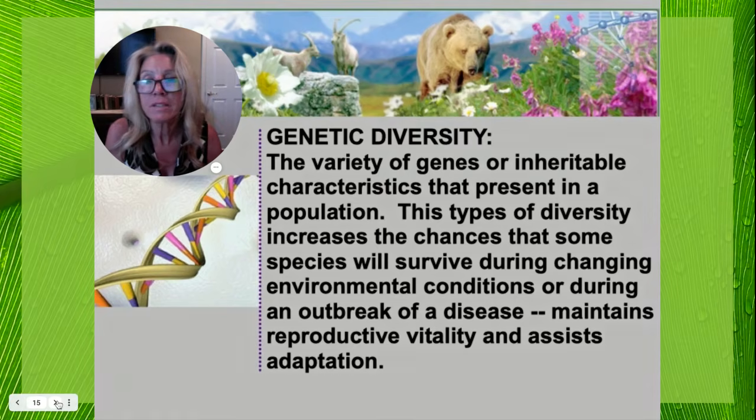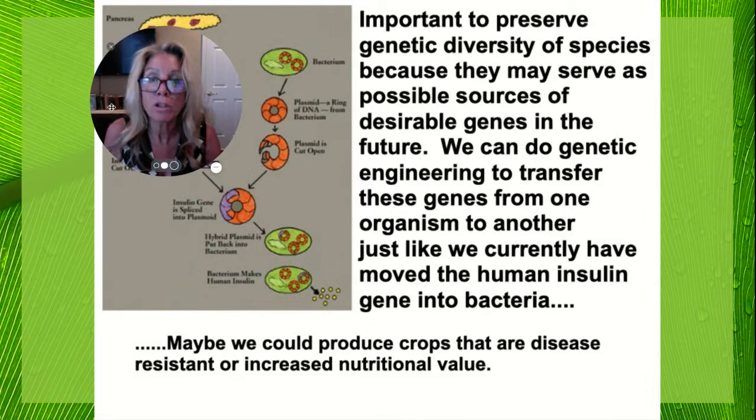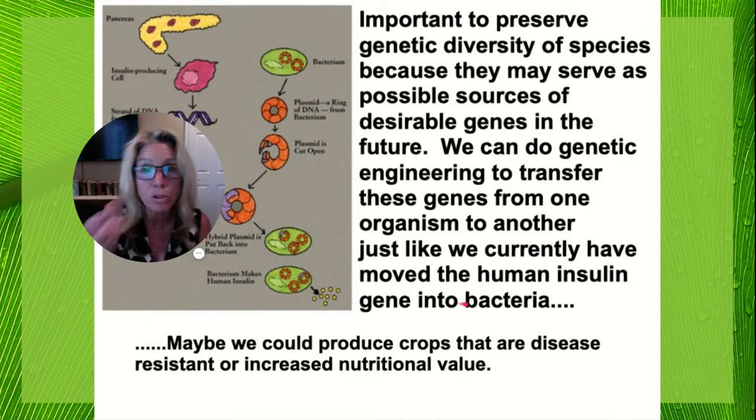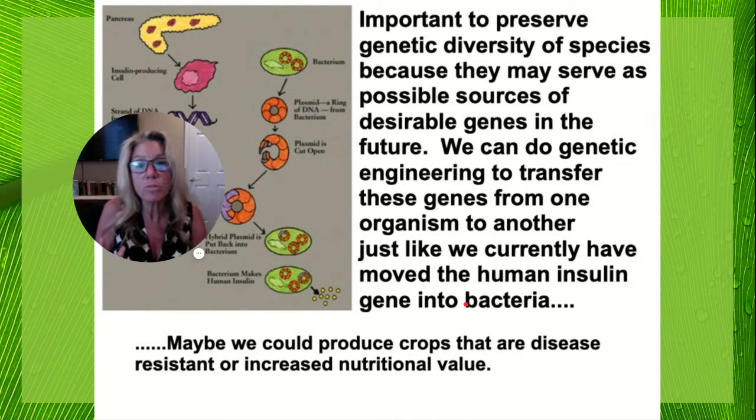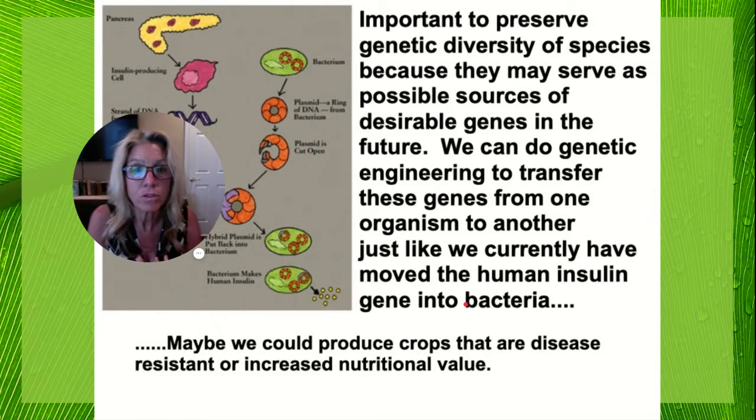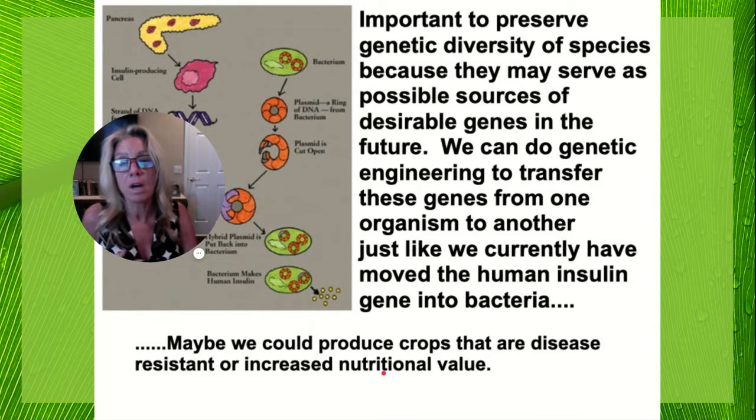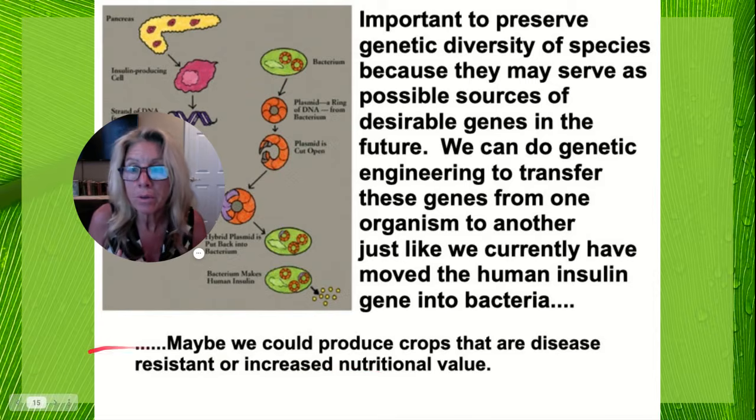And also it's important to preserve that biodiversity because that's a source of DNA. We could do some genetic engineering and transfer those genes, just like we did when we moved the human insulin gene into bacteria. Maybe we could produce crops that are disease resistant, increase nutritional value, more resistant to pests.